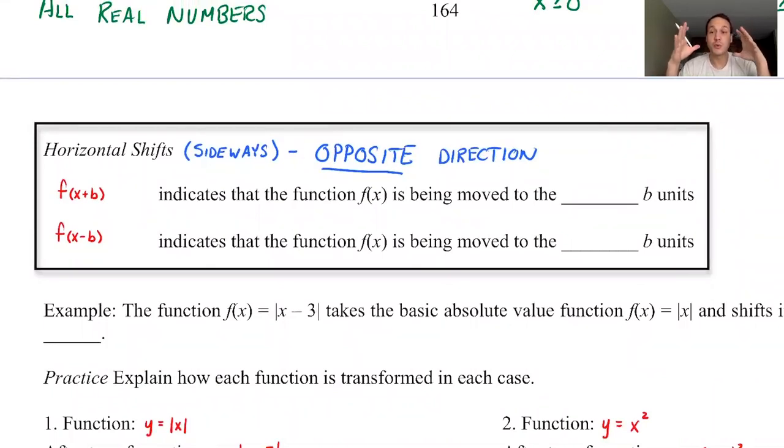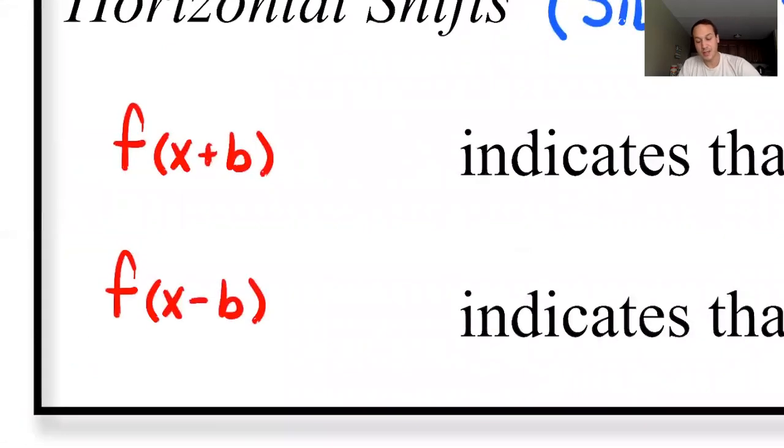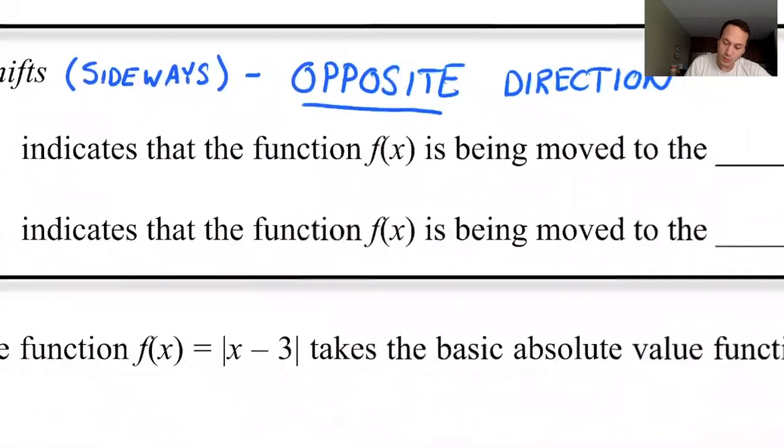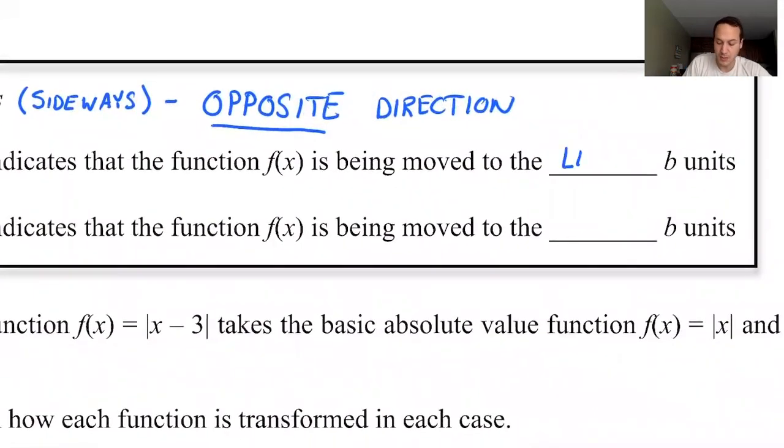Well, when the shift happens on the inside of parentheses, and when we talk about the inside of parentheses, we're talking about the inside of parentheses, the inside of the absolute value brackets, the inside of the square root symbol. All of those transformations are going to be the opposite direction. So f of x plus b is actually going to move to the left b units. Okay?